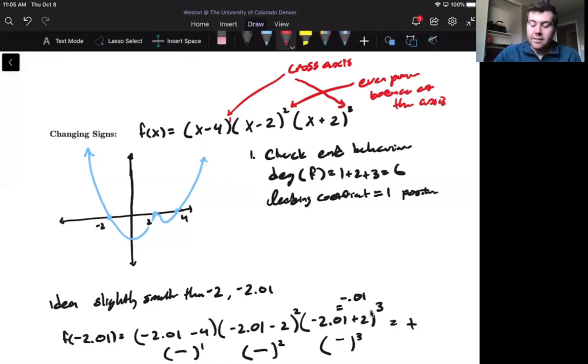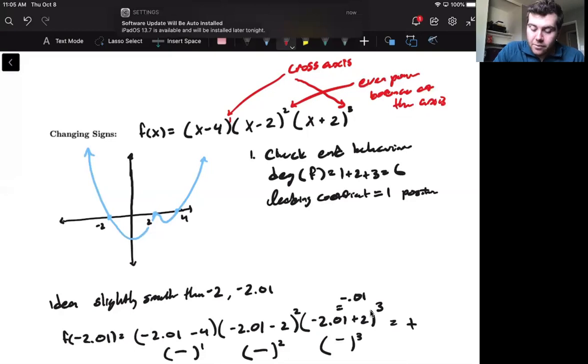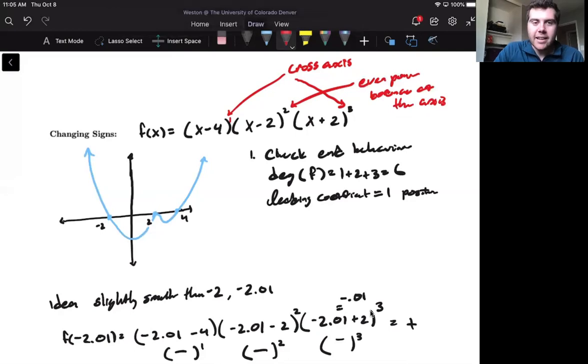That's because when it's an odd power, when we go from slightly less than that root to slightly greater, there's a change in signs. So the function changes in signs. But when it's an even power, because it's always getting squared to be positive, there's no change in signs. So that's why we bounce. We hit the root, we're negative, we hit the root, but then we stay negative. So that's what we call a bounce, where we hit and we bounce back. And these are crosses.